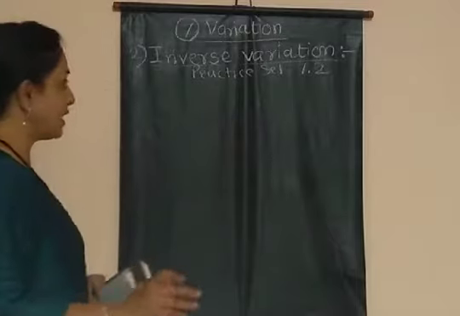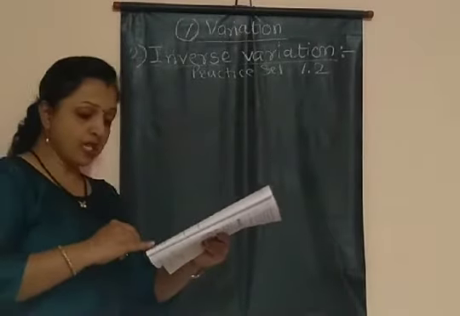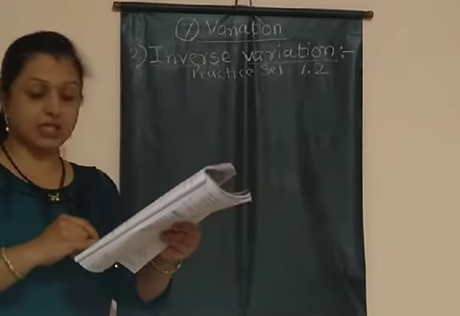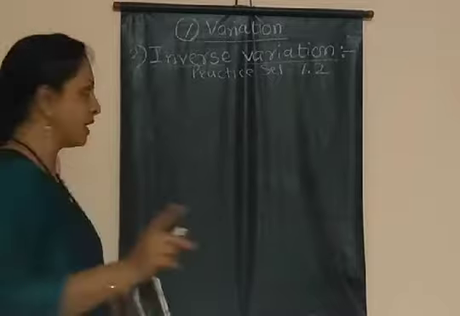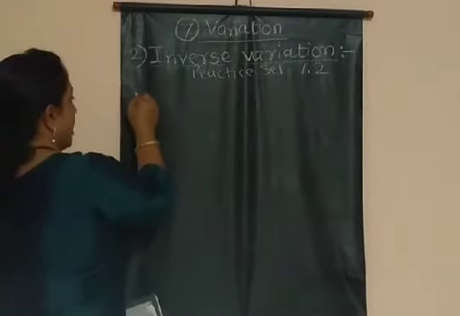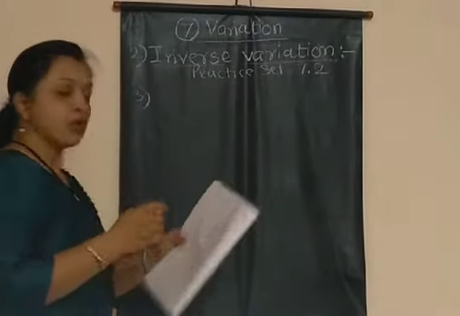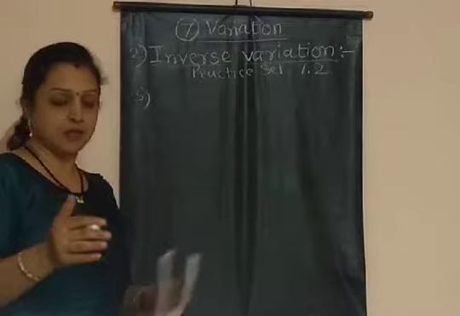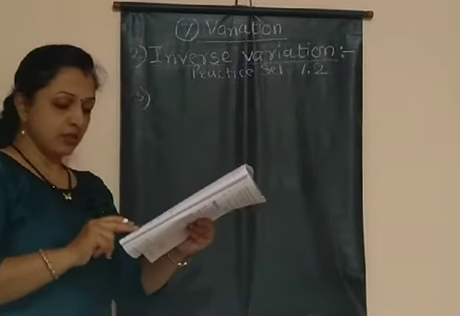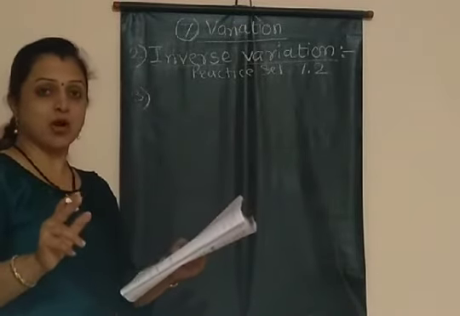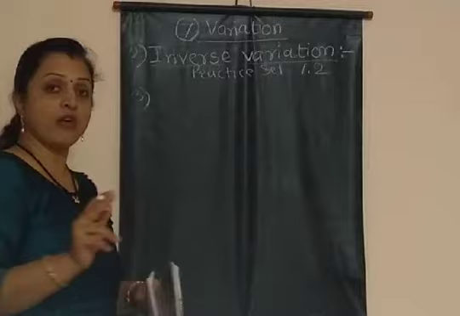So we have to find how many boxes will be needed if 36 apples are in a single box. Now let us write how to solve question number 3. We have to consider two variables, one for the number of apples in a single box and another for the number of boxes.